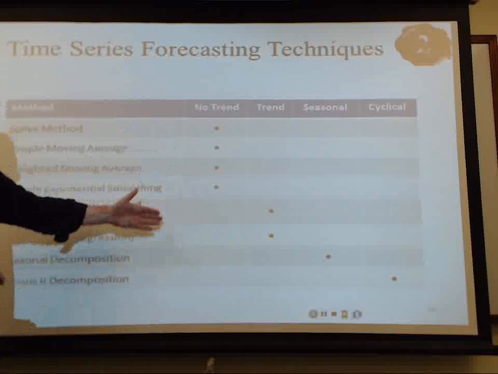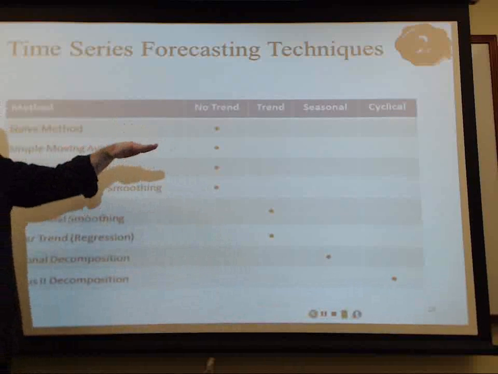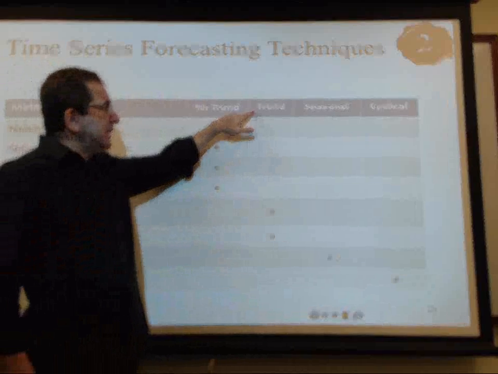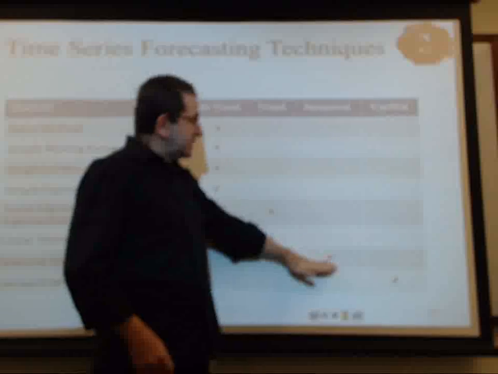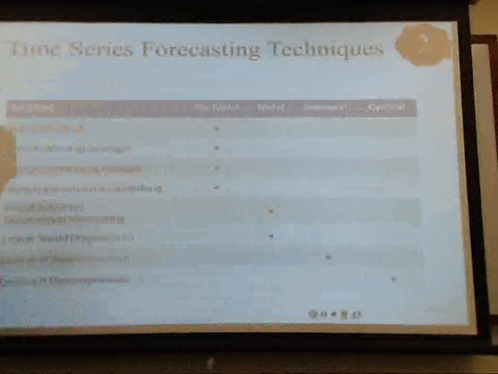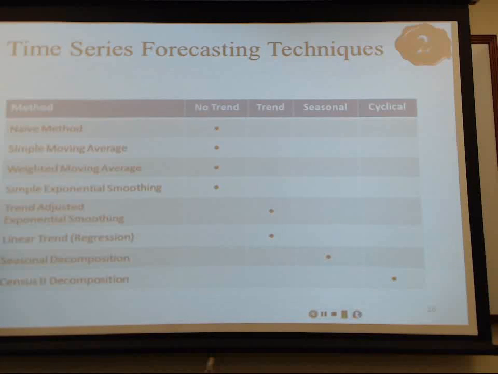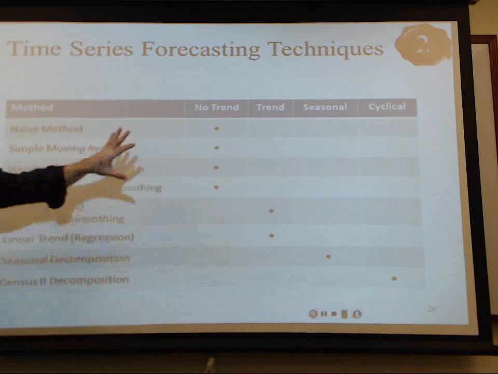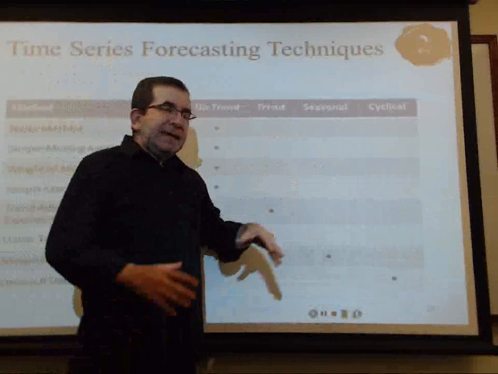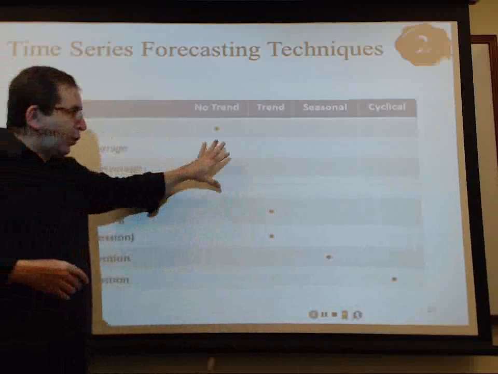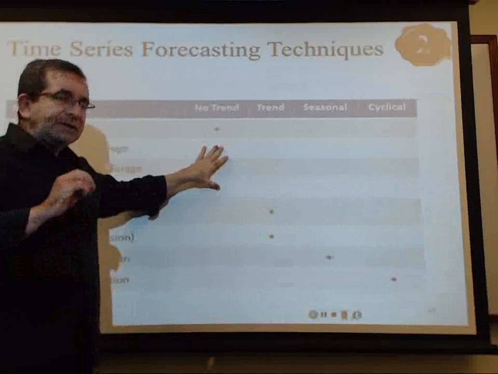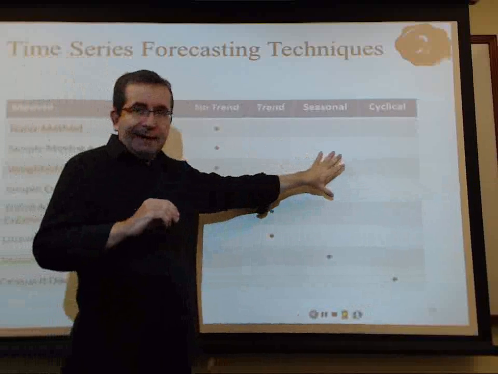Now, as we said, there could be no trend, constant mean, and some fluctuation. We said there can be a trend plus some random fluctuations. You can have seasonal patterns. I'm not going to talk about cyclical trends, but they're just like seasonality. So people have developed certain forecasting methods for each case. The idea is, if a particular method is used for one trend, it will not perform well for another case.